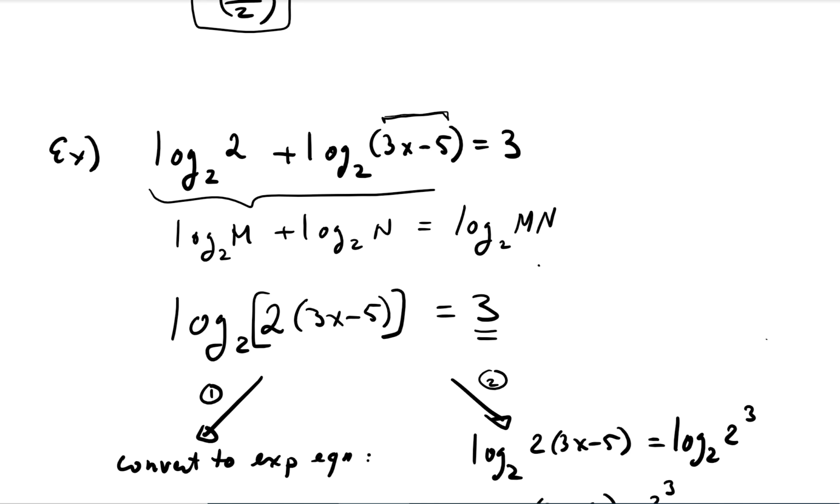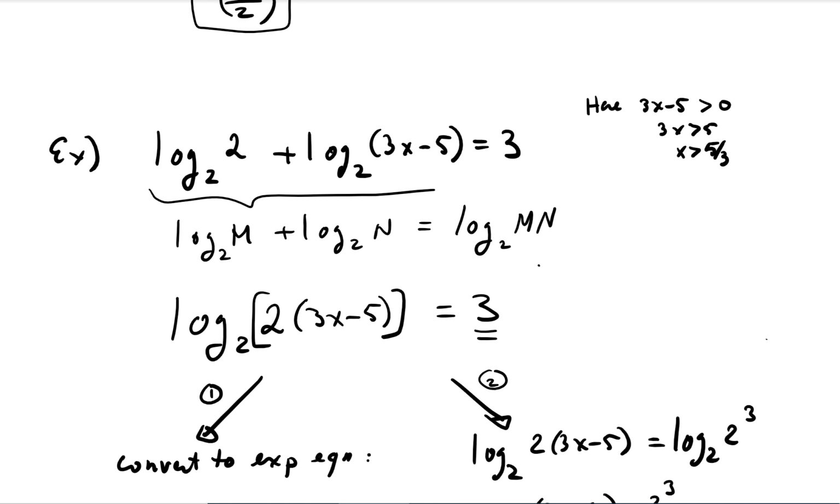So 3x minus 5 is greater than 0, which means 3x is greater than 5, so x is greater than 5/3, for this expression to actually exist. Otherwise, the log of a negative number does not exist, at least in this course.